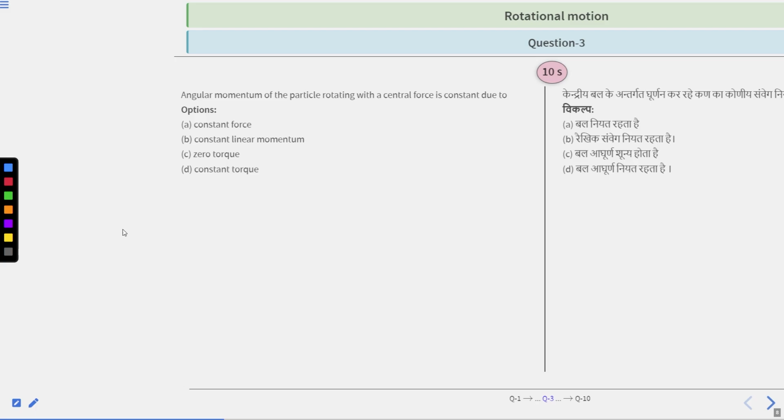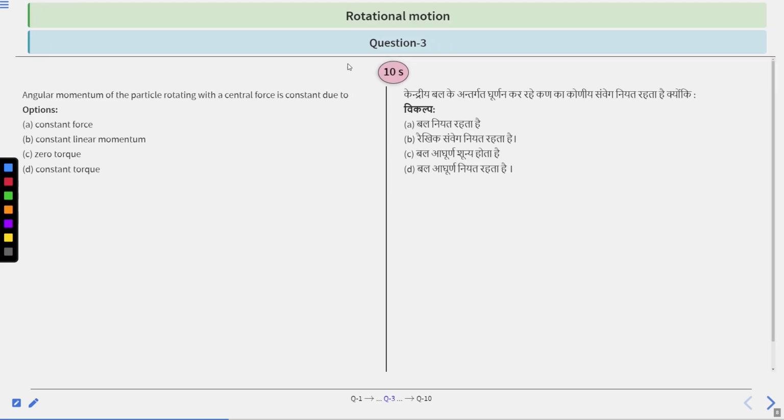Next question. Question 3. The angular momentum of a particle rotating with a central force is constant due to what? The given options: option A, constant force; option B, constant linear momentum; option C, zero torque; and option D, constant torque.